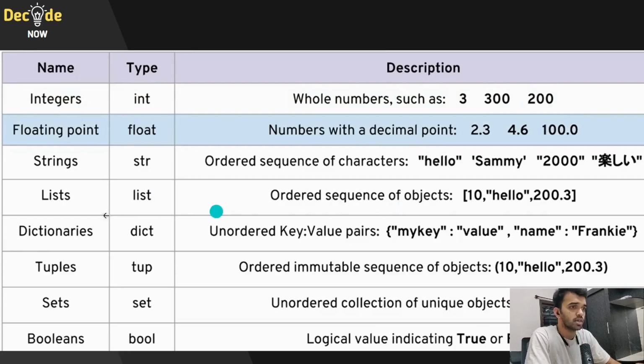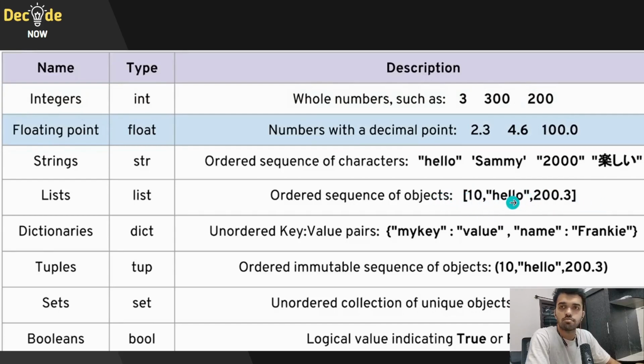For example, if we look at the first one, which is list, its short keyword is list. It's an ordered sequence of objects. In the example, you can see we have 10, which is an integer, hello, which is a string enclosed within double quotes, and 200.3, which is a floating point value. All these different objects are enclosed within square brackets, as you can see here on either end.